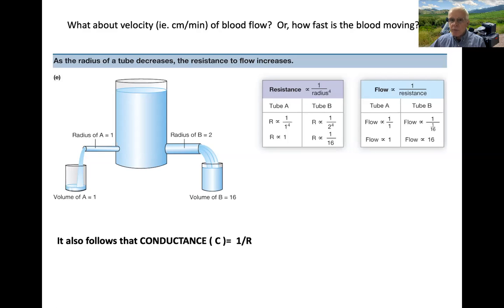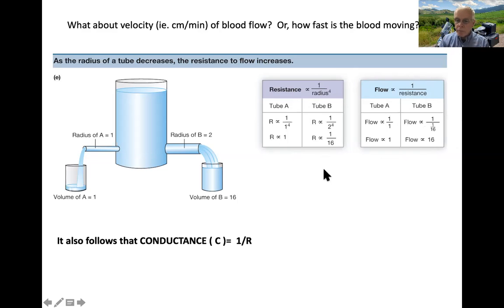So the resistance diminishes. And again, we equate that with flow, and I've already done that with flow. It's basically the same thing. So we're equating the resistance to flow based on radius. And here we actually look at the actual flow rates. So this is flow rate. This is the resistance to flow.